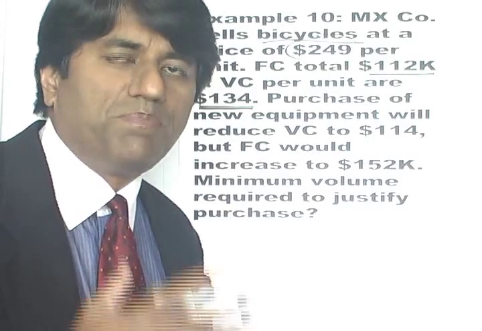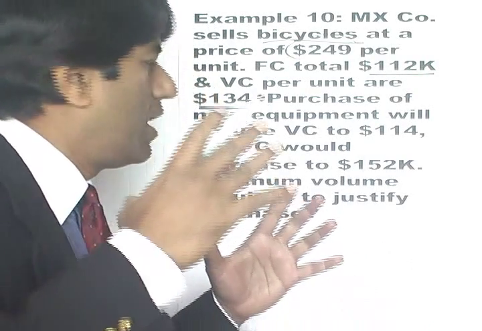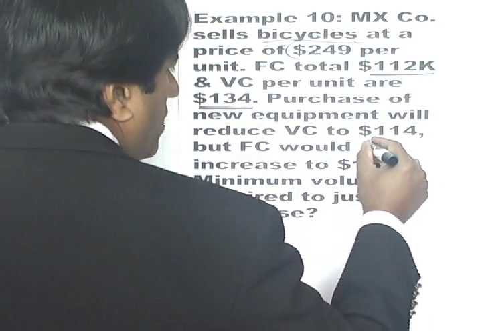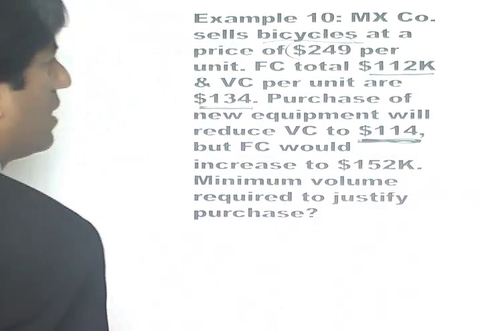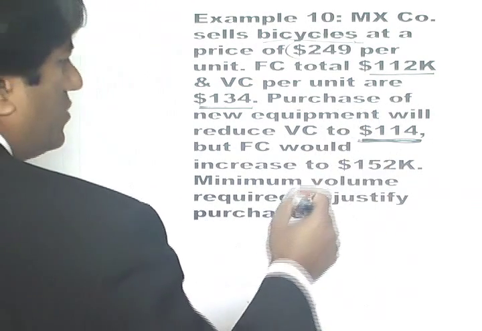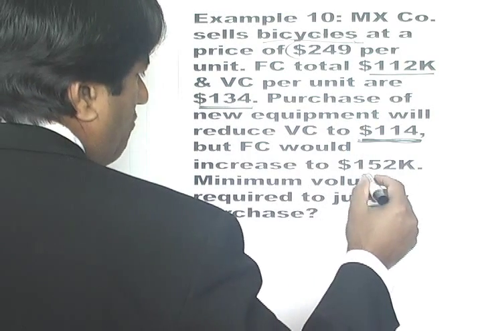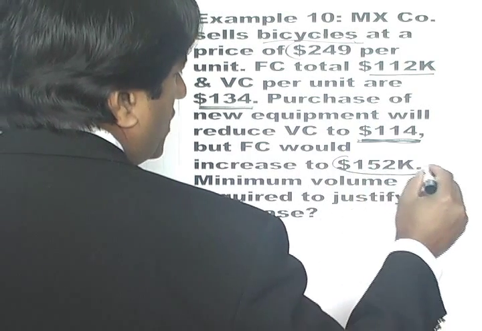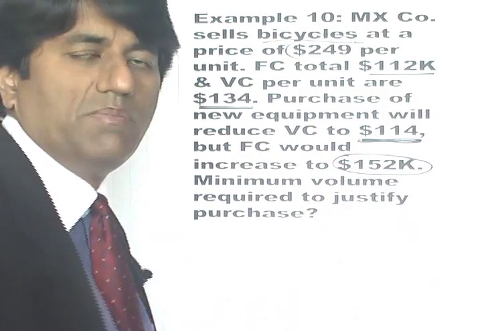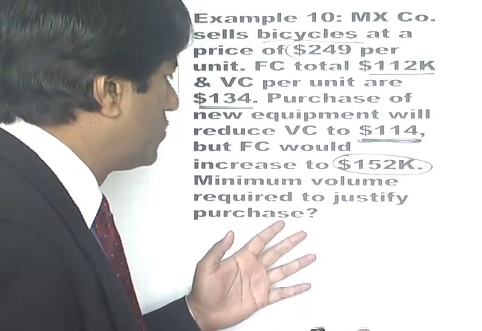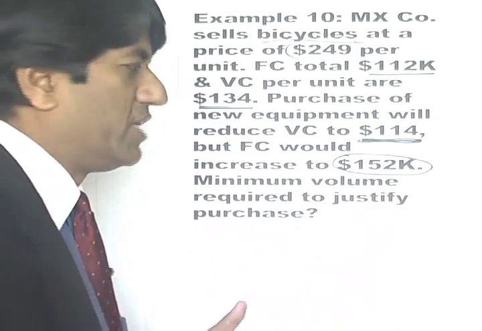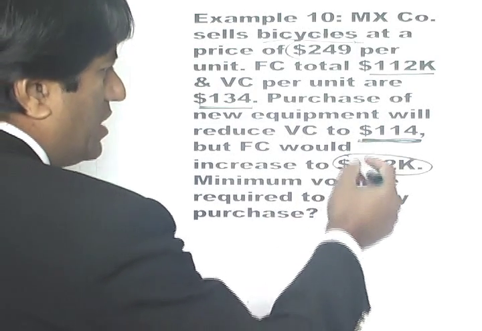Now the firm can purchase new equipment which will reduce the variable cost to 114 per unit, however this new equipment will make fixed cost increase to 152,000. So the question is, what is the minimum number of units which the firm must sell to make this a good purchase, to justify the purchase of this equipment?